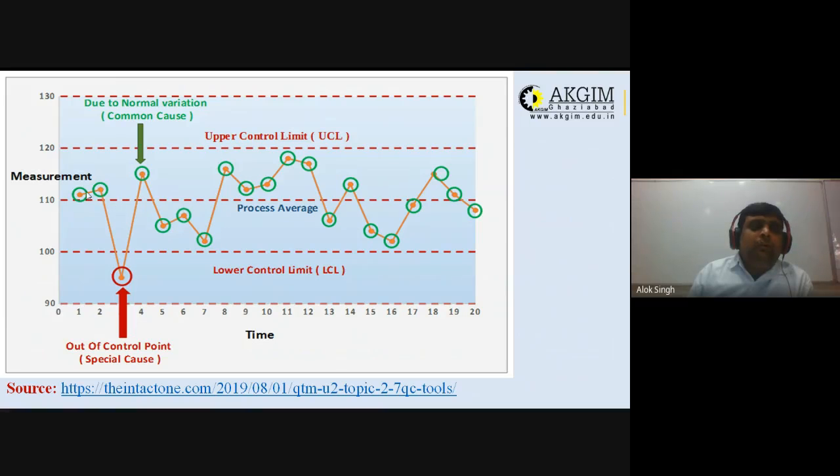If the customer is asking for 110 gram, the maximum upper controllable limit, the permissible limit, is 120. For example, you have agreed with your customer that you will give a maximum of 120, and the minimum is 100. So basically the process average is 110, the upper controllable limit is 120, and the lower controllable limit is 100.